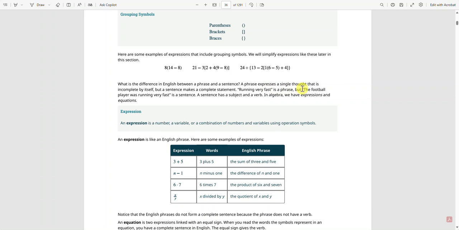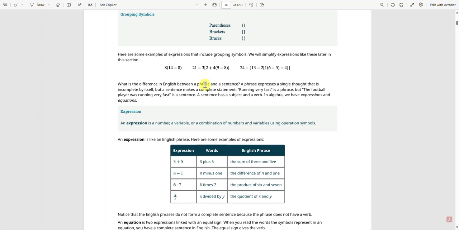Here we have a sentence. The football player was running very fast. So here we can see that phrase, running very fast, set in a complete thought, a sentence. The football player was running very fast. That's a sentence. So make sure you understand the difference between a phrase and a sentence.